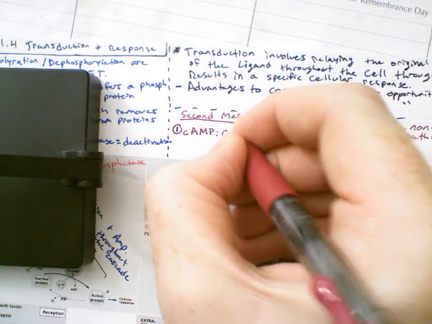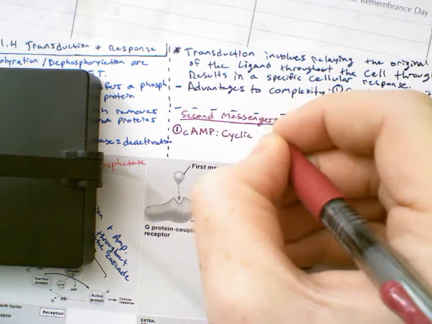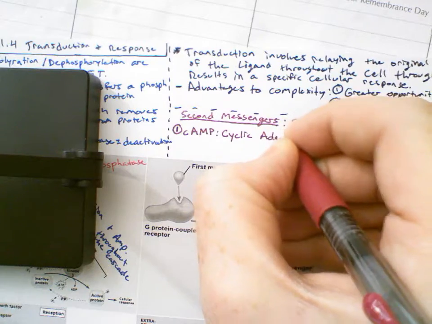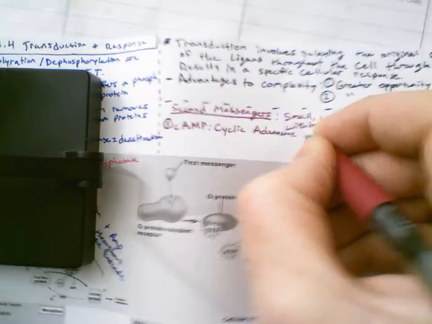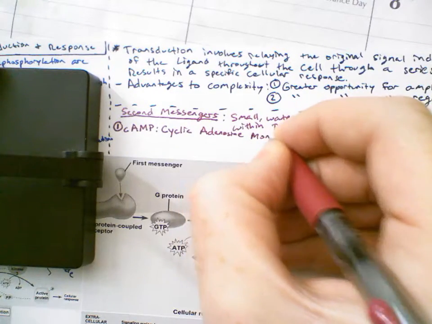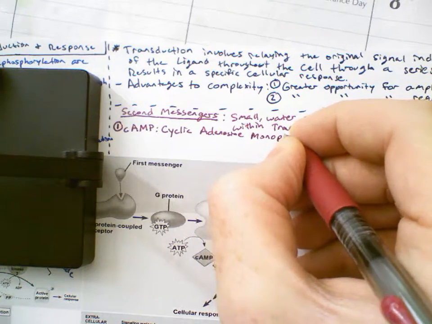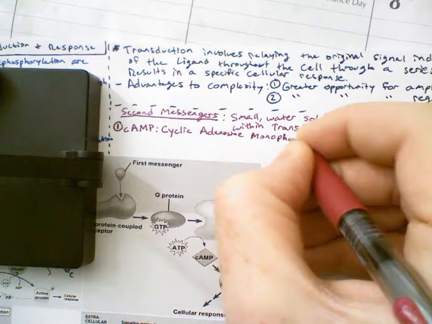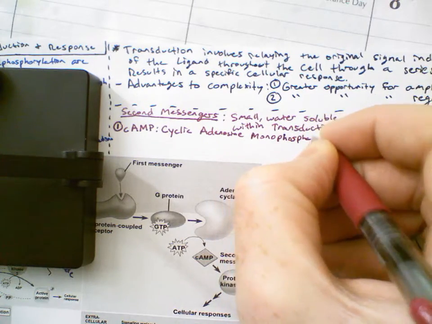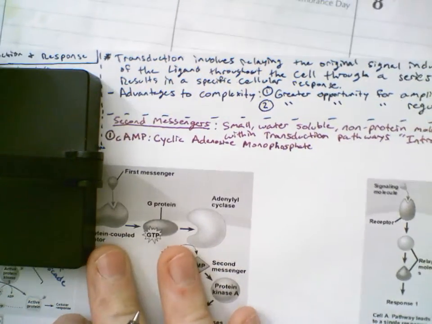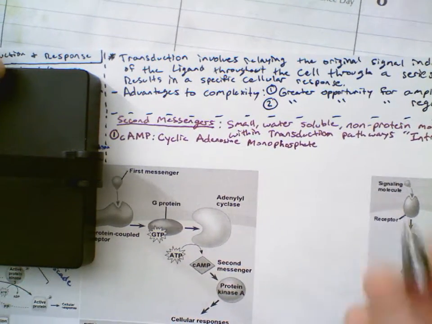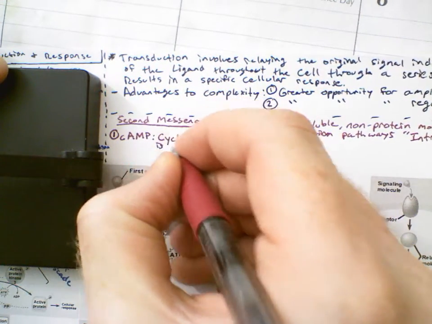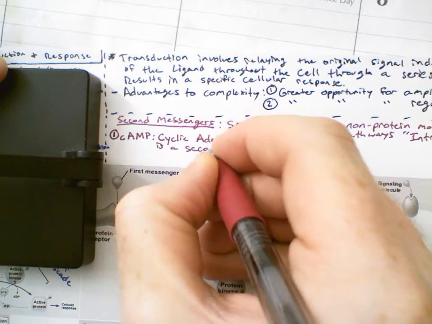This stands for cyclic adenosine monophosphate. So one phosphate group on the end of this thing. It is a second messenger.